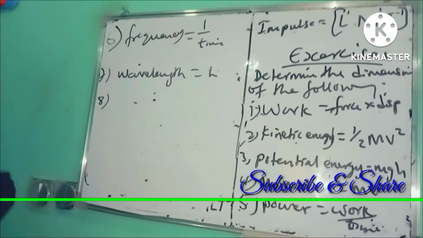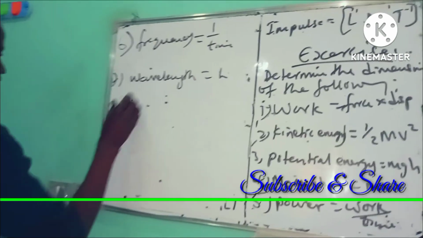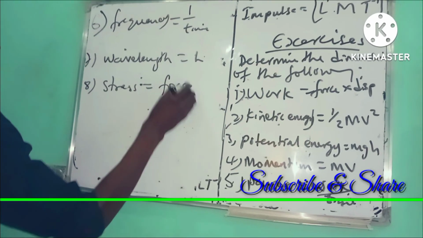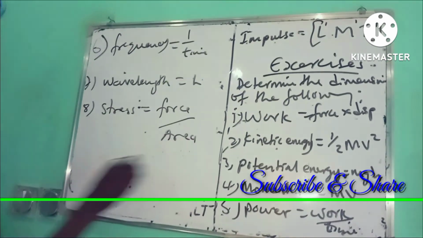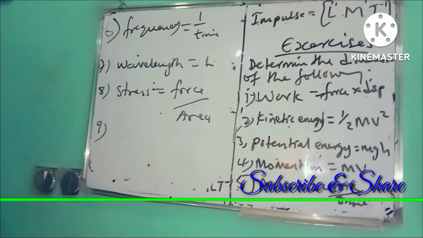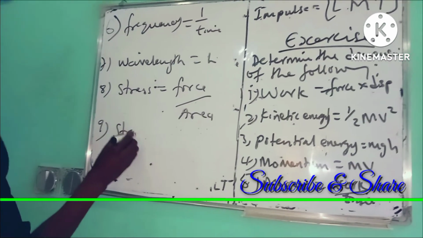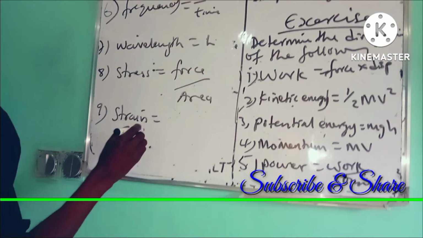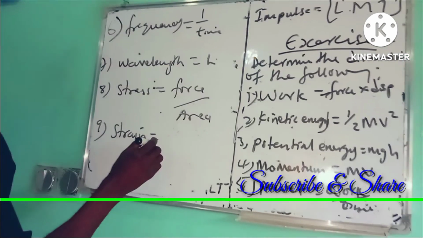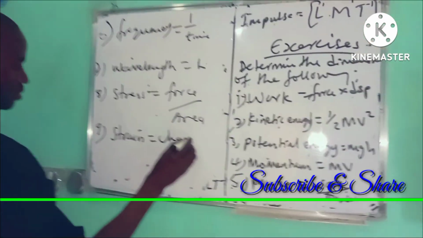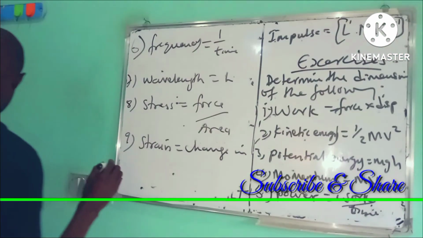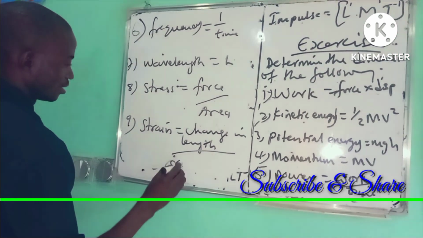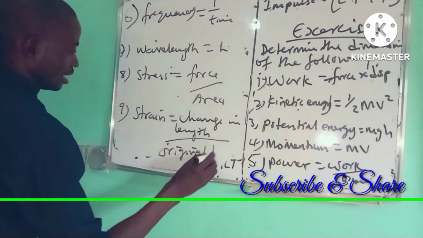Then 8, we have stress, which is expressed in terms of force upon area. 9, we have strain, which is expressed in terms of change in length over original length.